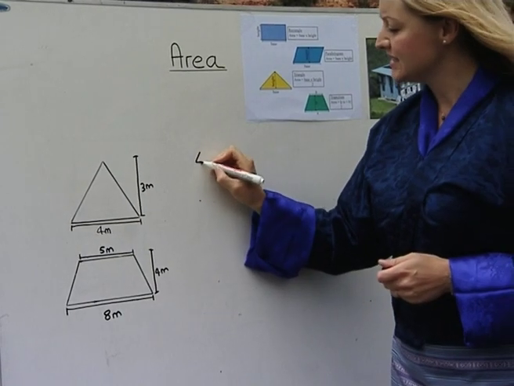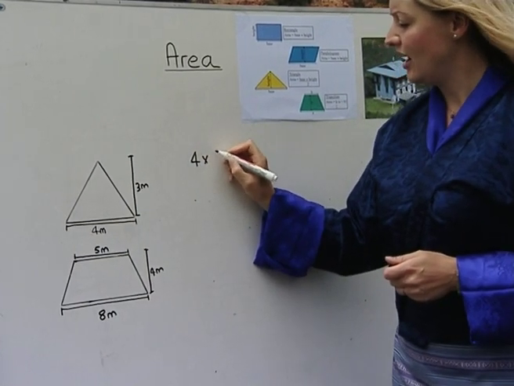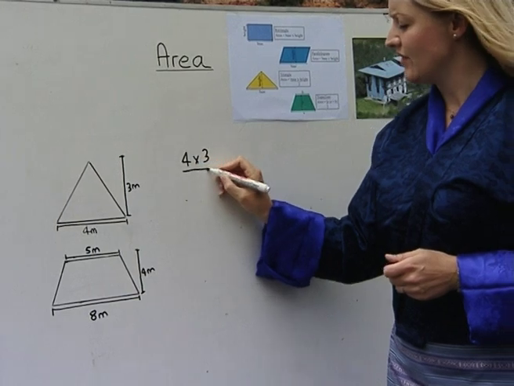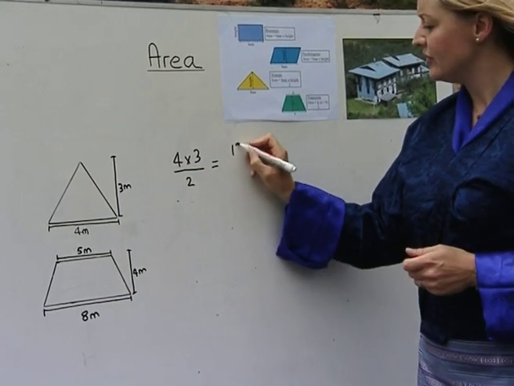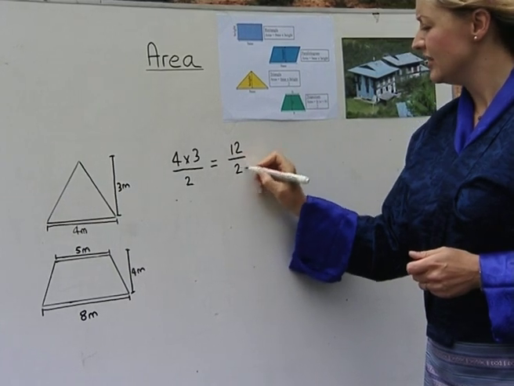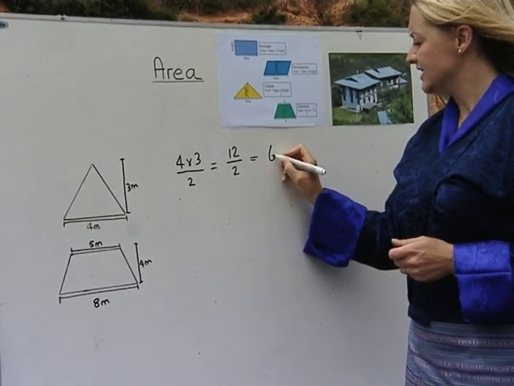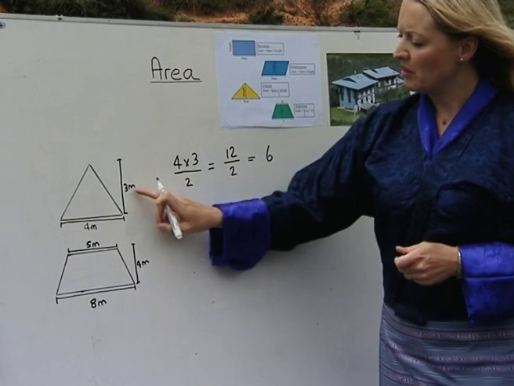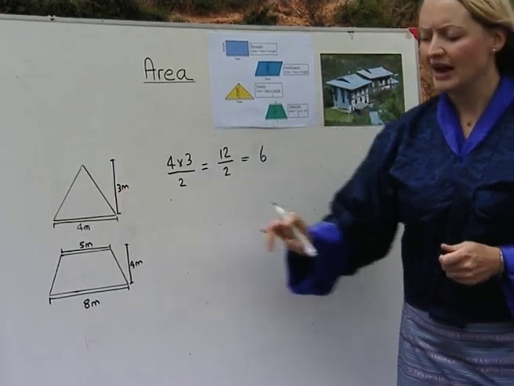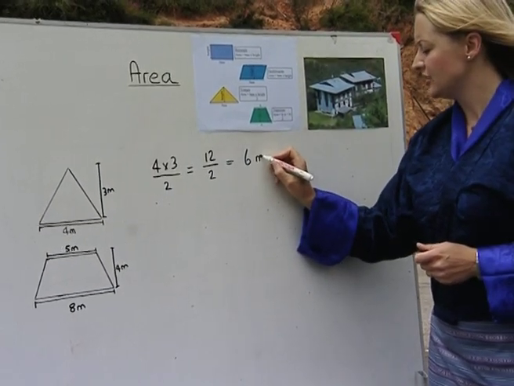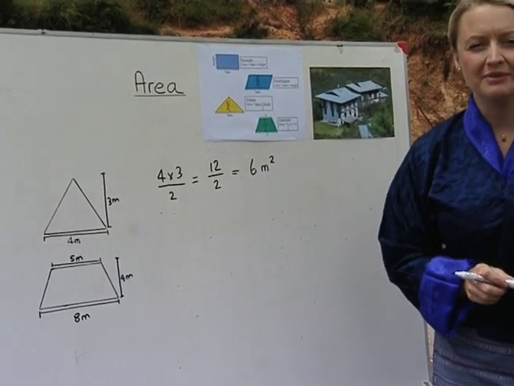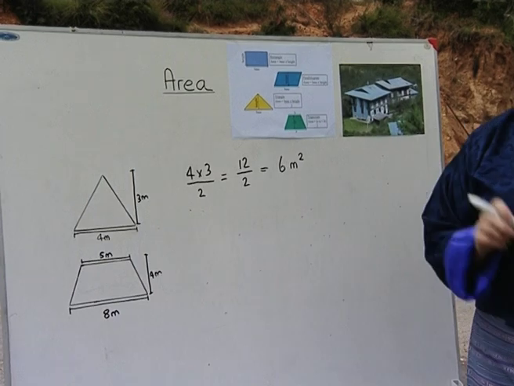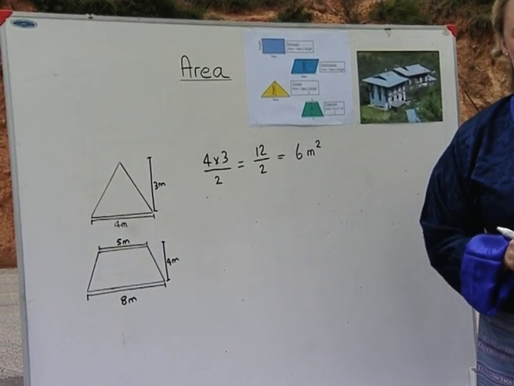So our base times our vertical height divided by 2 is the same as 12 divided by 2, and the area in this case is 6. We were working in metres, and because it's an area, a two-dimensional shape, the units for our area will be in metres squared.